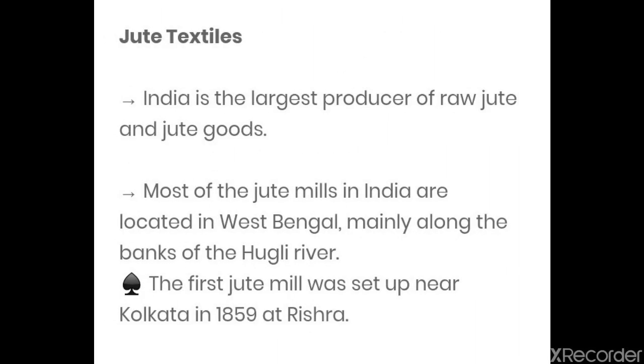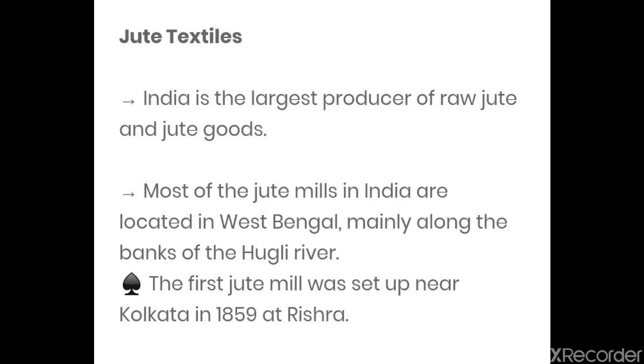The next agro-based industry that we will be discussing is the jute industry. India is the largest producer of raw jute and jute goods, and it stands at second place as an exporter of jute after Bangladesh. 70% of the jute mills are in India.